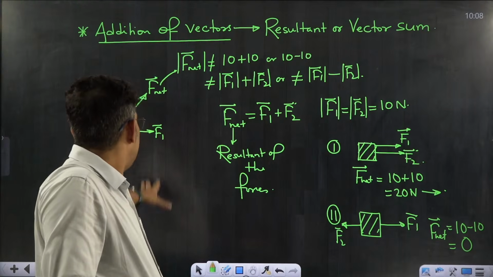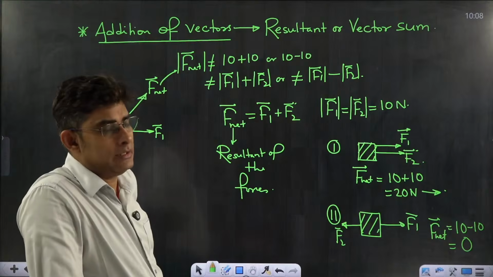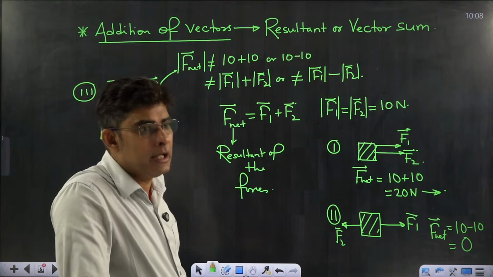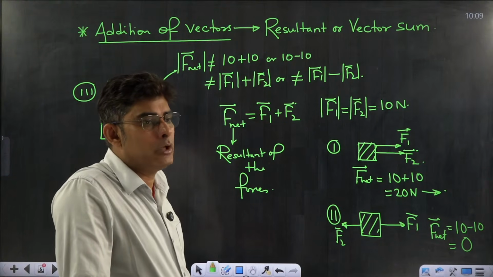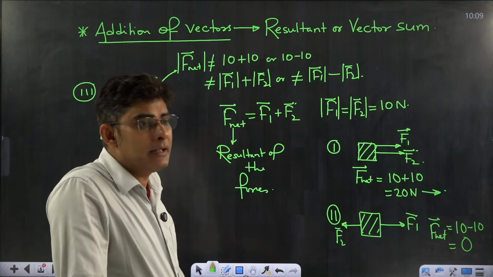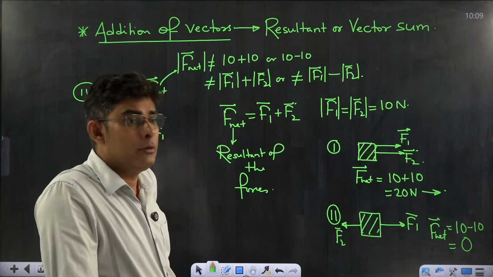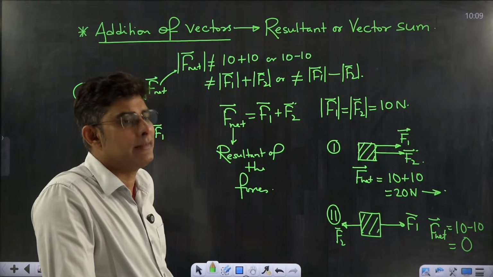So here, if we keep on changing the angle between two vectors, then the resultant will keep on changing, not only in magnitude, in direction as well.